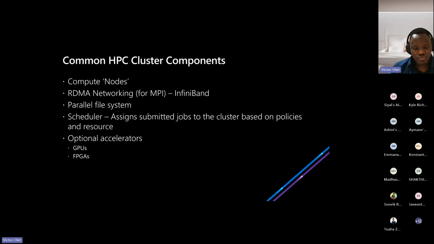But for us, we're still working on translating our code from CPU to GPU. So GPU is an accelerator. Azure obviously has that. And you have FPGAs as well, which are other optional accelerators. There are many others that I haven't listed there, but these are typical accelerators that would be part of an HPC cluster. So these are the things that would be there.